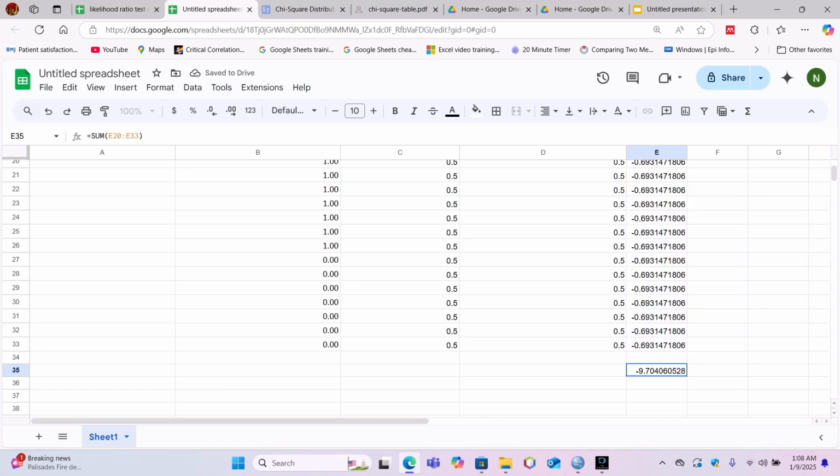This is the log likelihood of the null model.